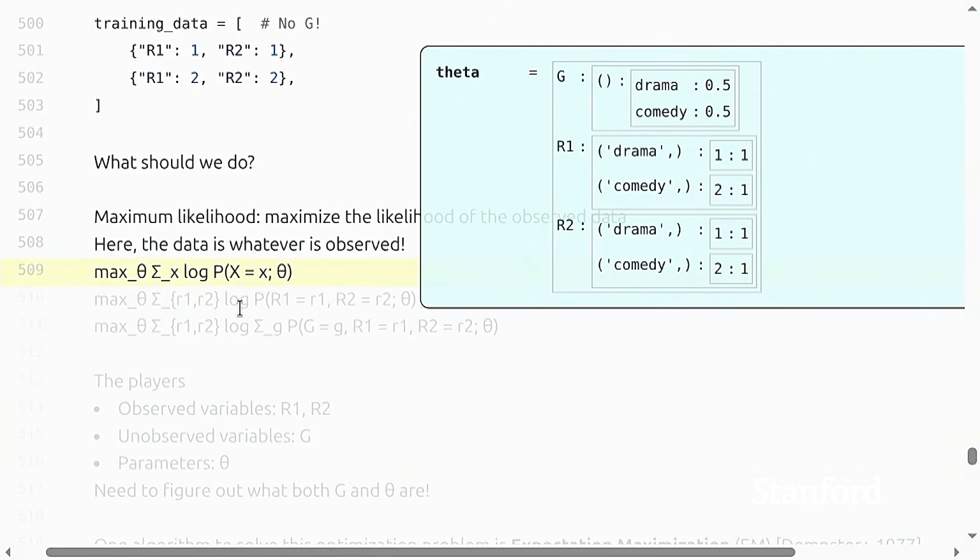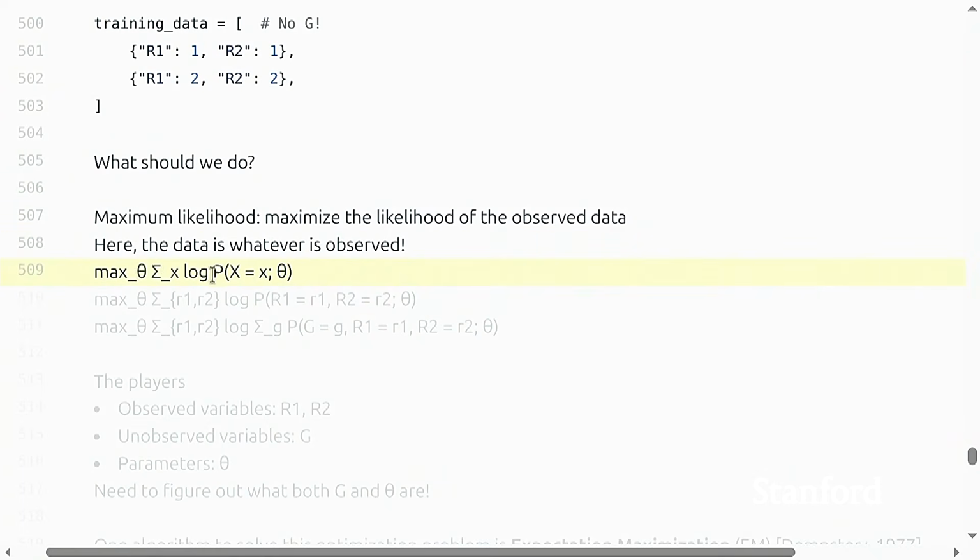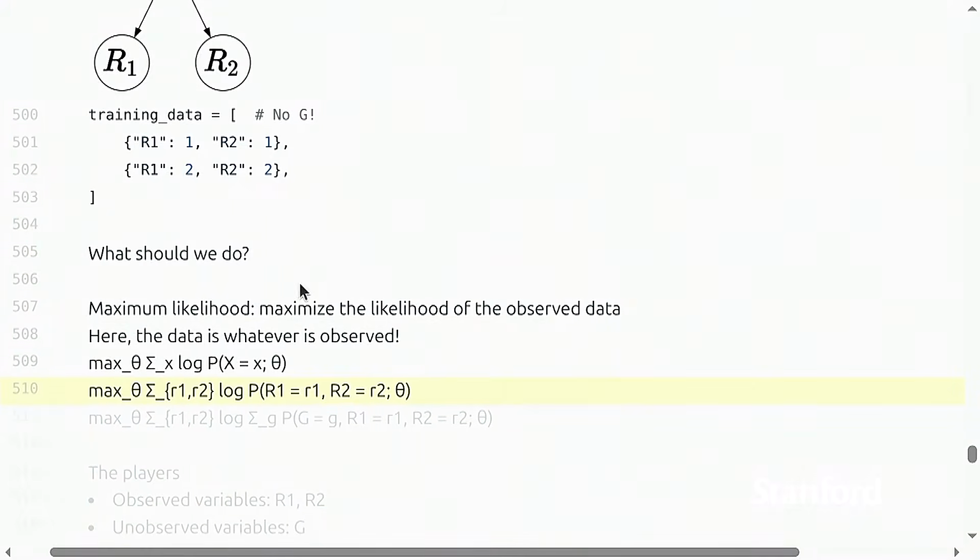And then what we have is, here's the probability of my full assignment. In this case, it's going to be probability of R1 equals r1, probability of R2 equals r2. Okay, so this is the max likelihood of the data.